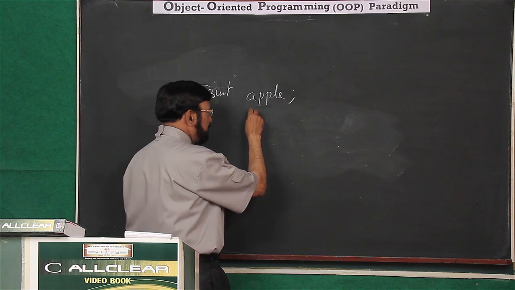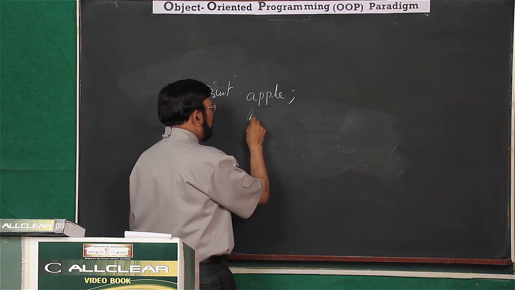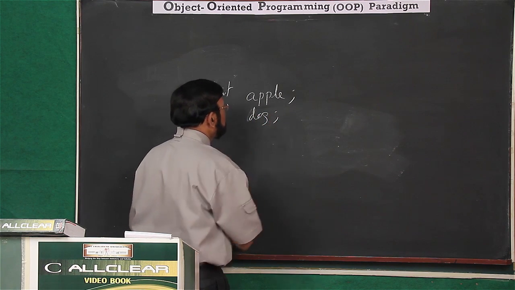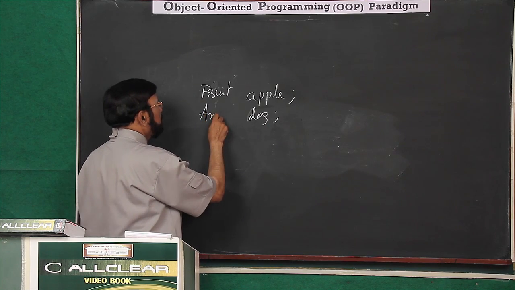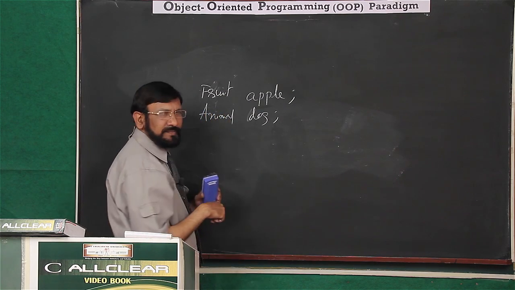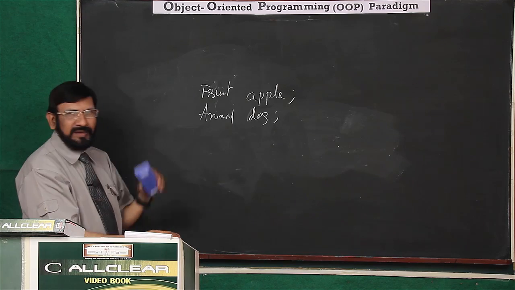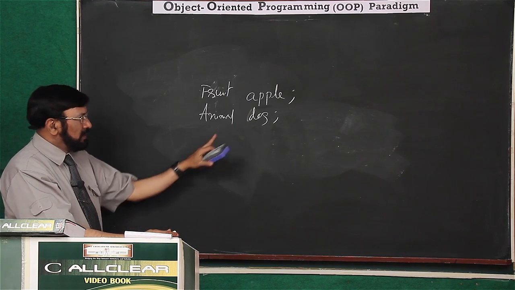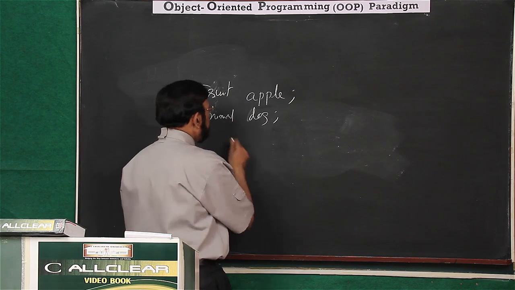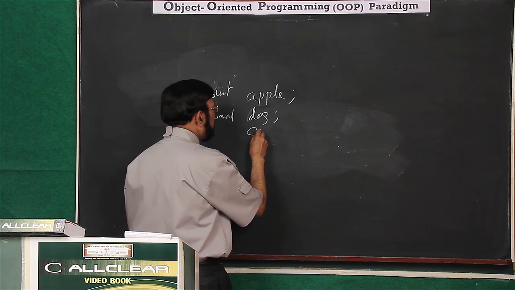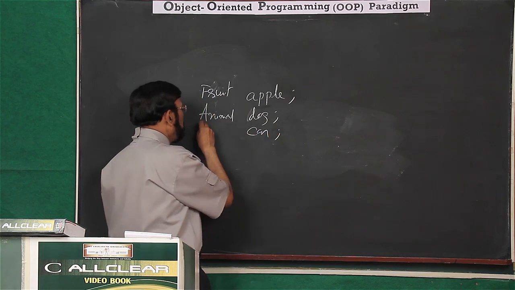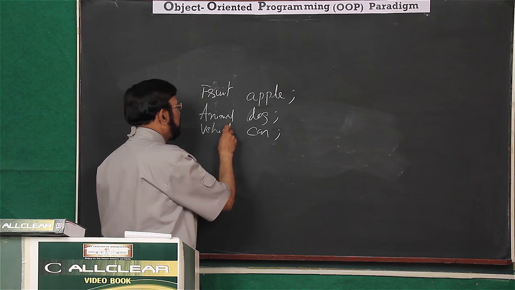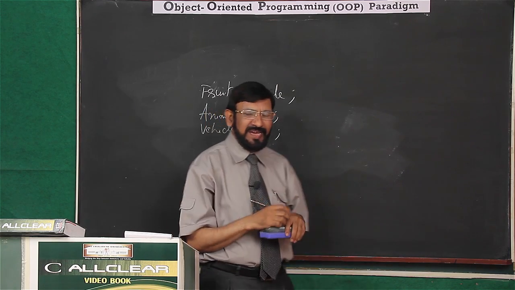I want an animal, dog. So what is the blueprint? Animal. Animal is the blueprint. In this way, I want a car. What is the blueprint? Vehicle. You should think in this angle.